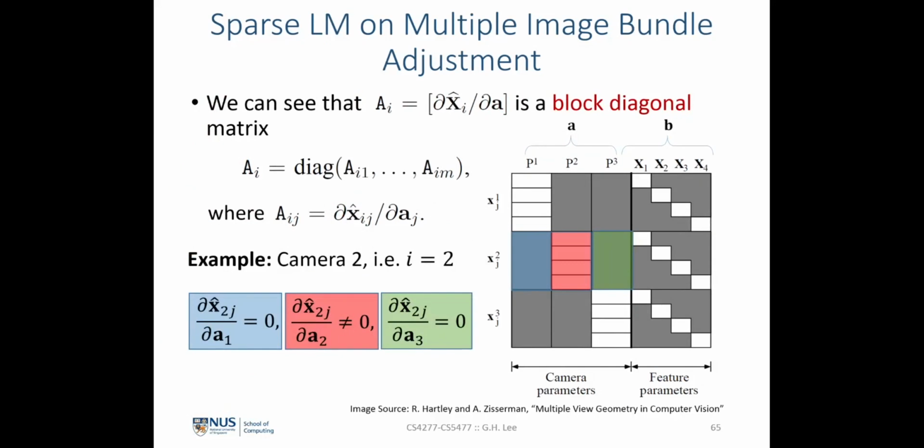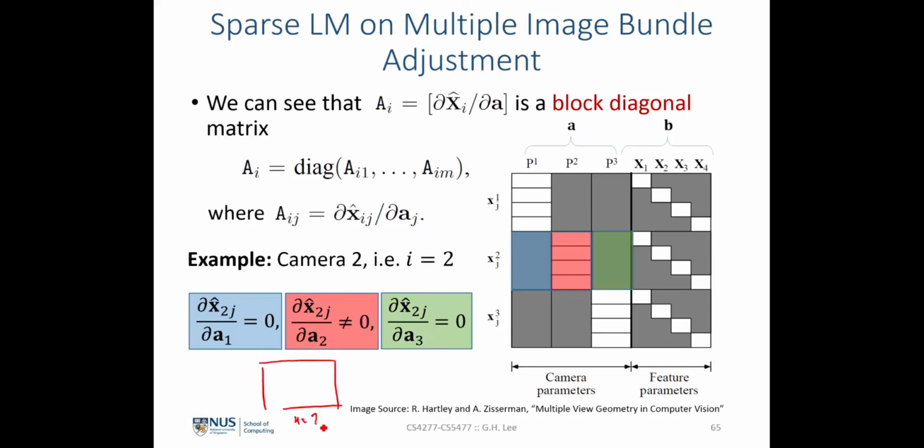So we can see more clearly in this illustration that for the first block, taking the second camera where i equals 2, we can see the partial differentiation of the point x2j for the 4 points that are being reprojected onto the second image.